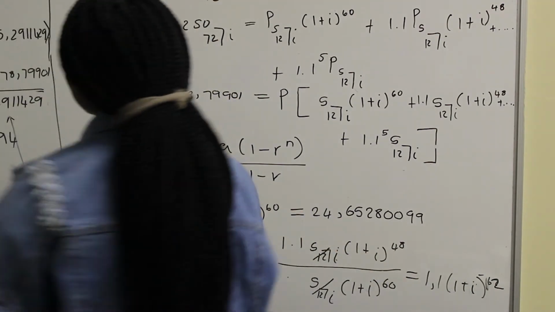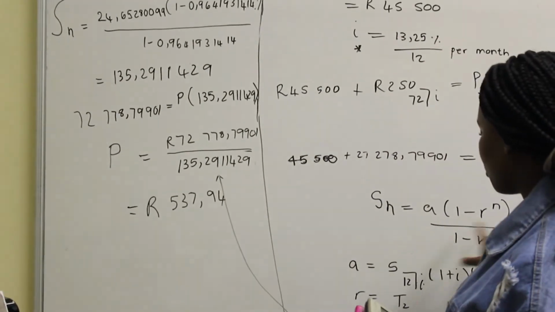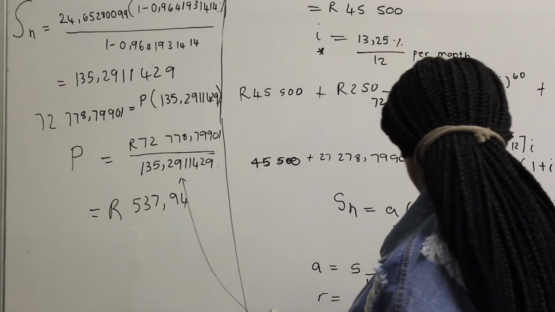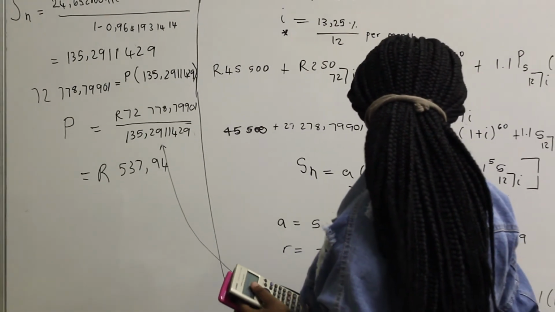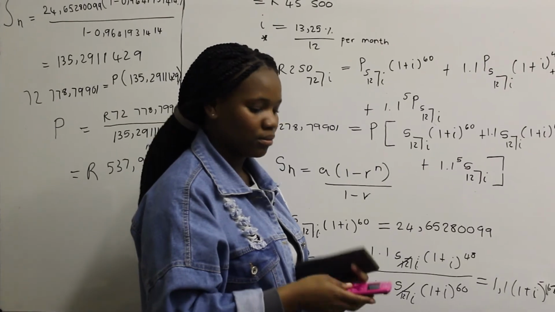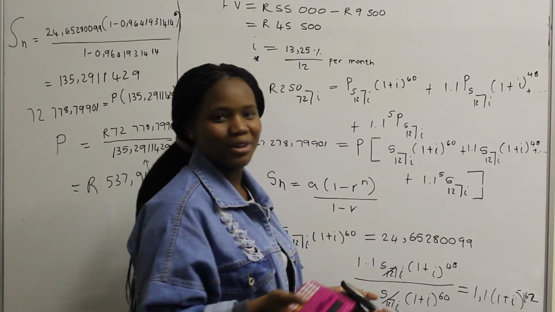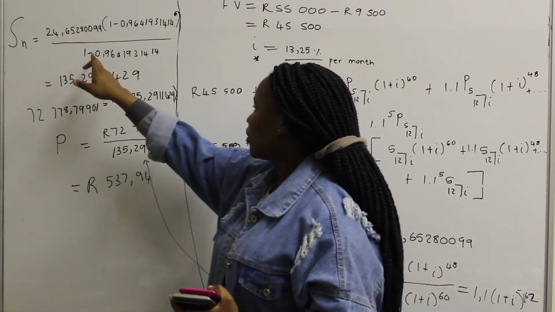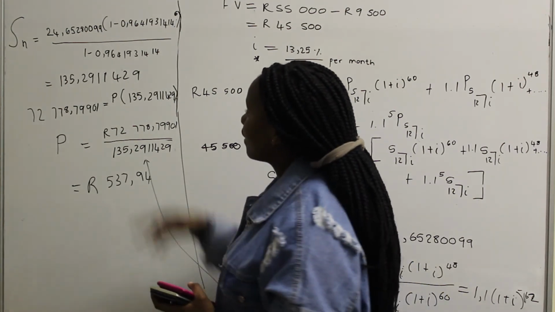Going back to the formula, you have your a as 24.65, then 1 minus this, which you can calculate on your normal calculator, over 1 minus the r that you got.